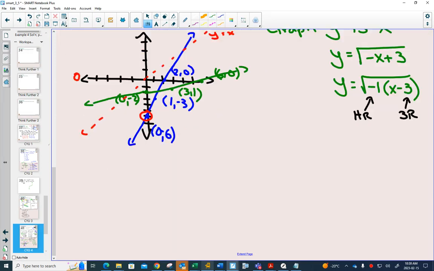So when I go to graph both of these on the same graph, for this green one, I would take my square root graph, horizontal reflection, and then move it 3 to the right.